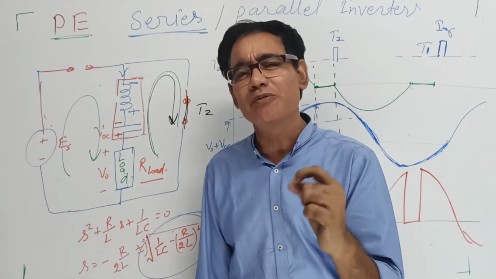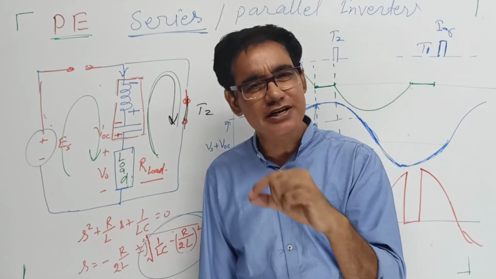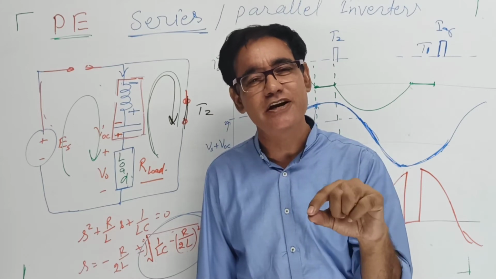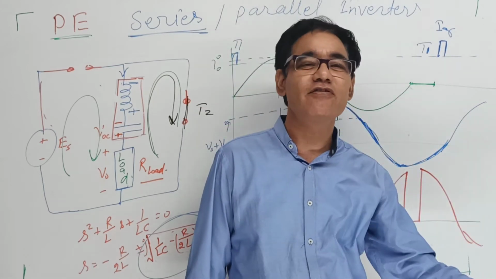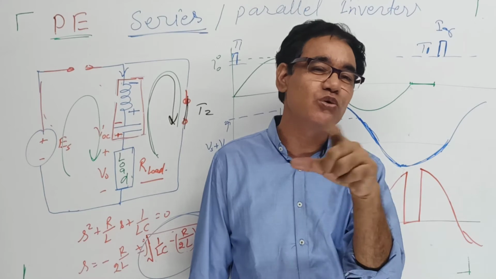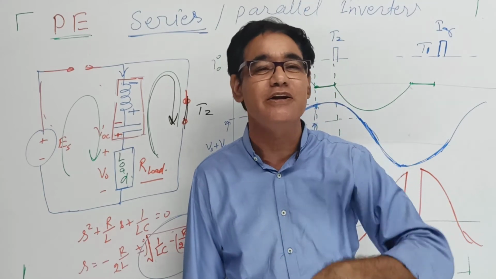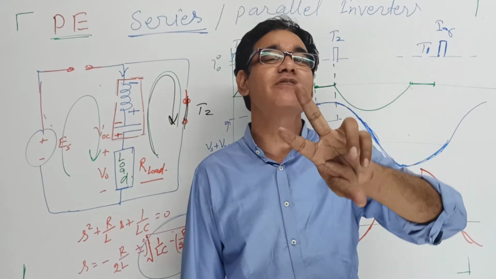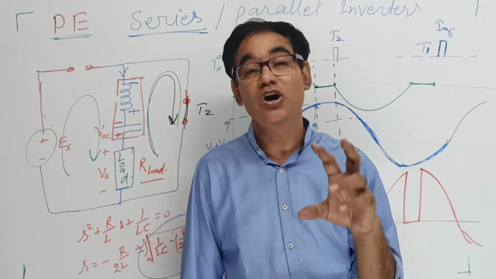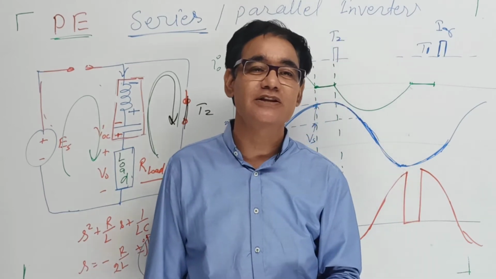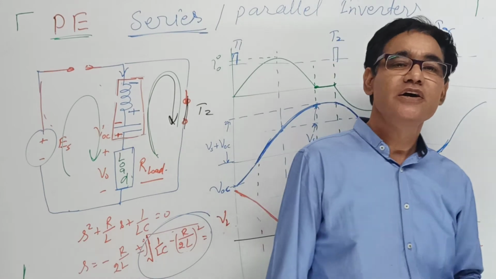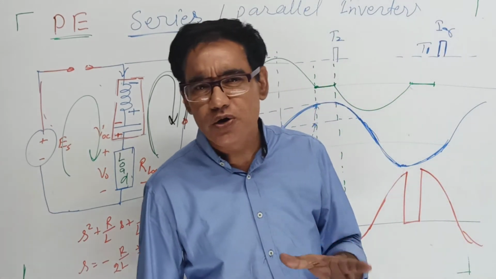Otherwise, in normal cases, the commutating circuit is a different circuit, so the load current flows directly, and the commutating elements do their own work to commutate the device. They carry current only for an instant, not continuously in the path of the load current. That's why this is not a good one.